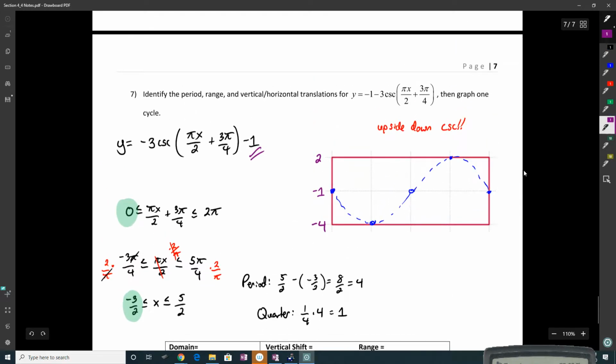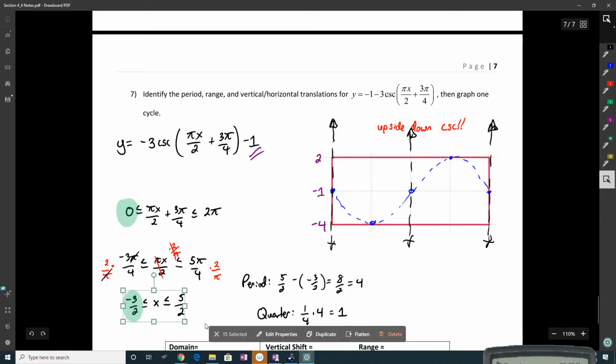Looking at this graph, we can see that there's asymptotes at all the x-intercepts. So my first asymptote occurs at -3/2.